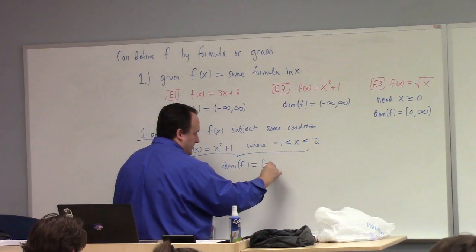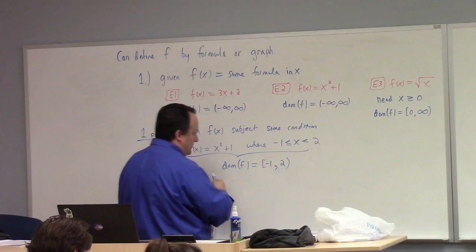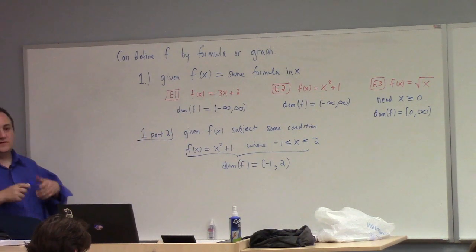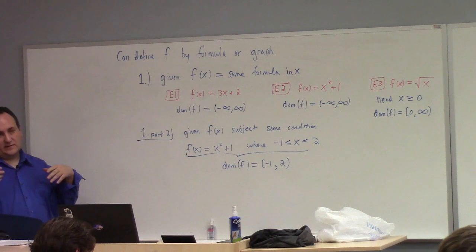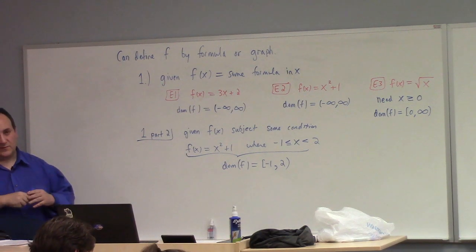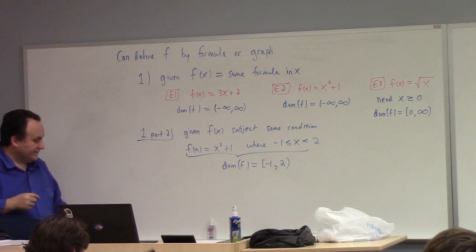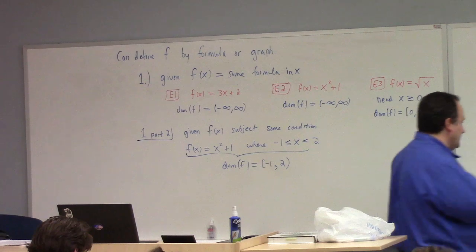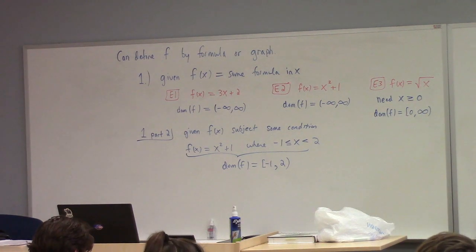We got minus 1 all the way over to 2, 2 not included. That would be the domain, right? So you can take a function and you can make the domain smaller if you want. Like that's a freedom that we have conceptually. All right, so that's the one way.